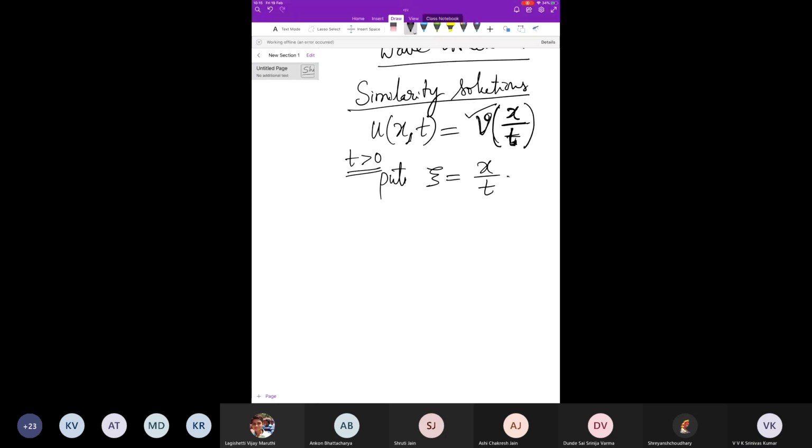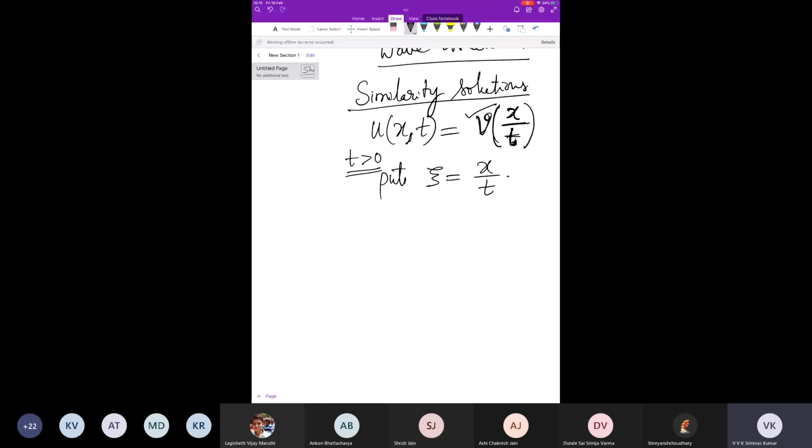Now in our equation ut plus g of u at x is equal to 0, what is the first step?